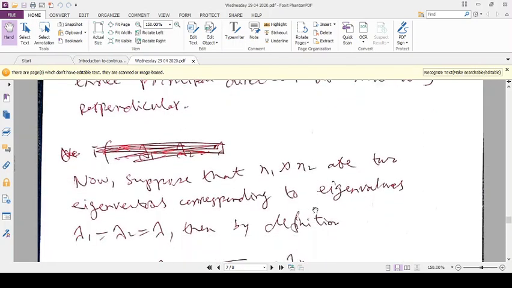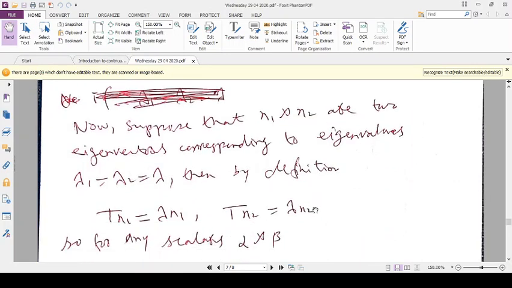Now if you have n1 and n2 as eigenvectors, but the eigenvalues are the same, say lambda 1 is equal to lambda 2 equal to lambda, and the third eigenvalue is different, which we say lambda 3, and there will be a corresponding eigenvector which we will say n3. Now what will happen if you have two eigenvectors n1 and n2 that are different but the eigenvalues are the same?